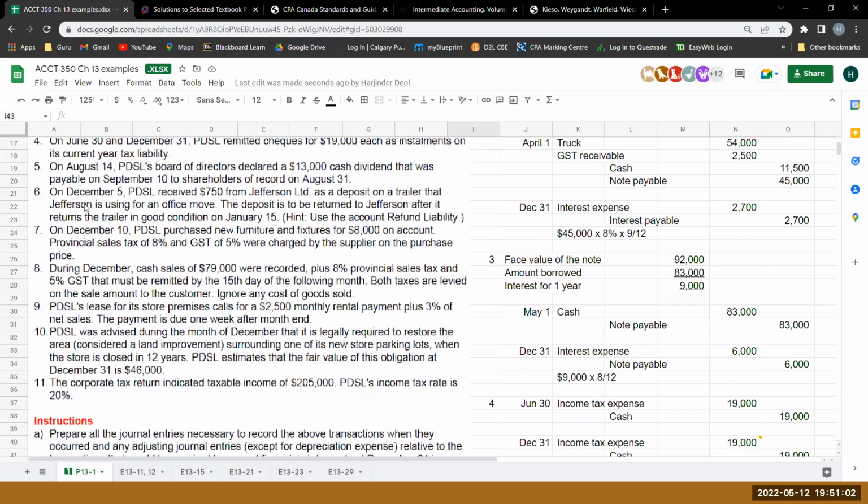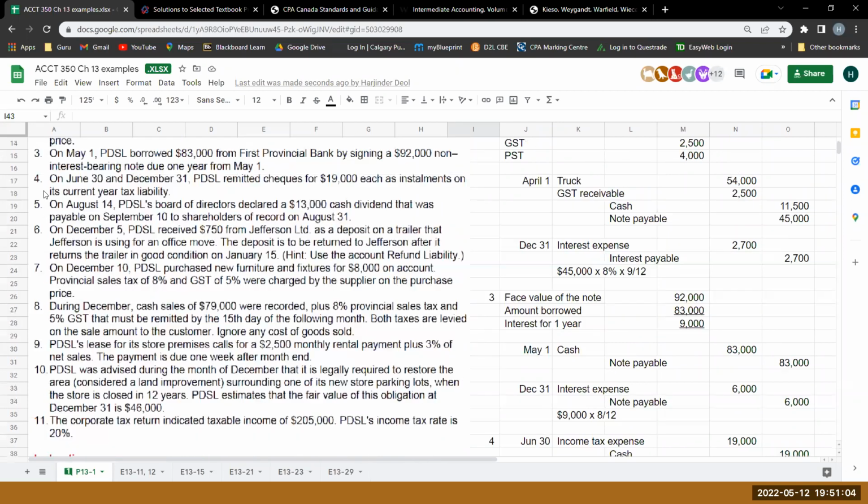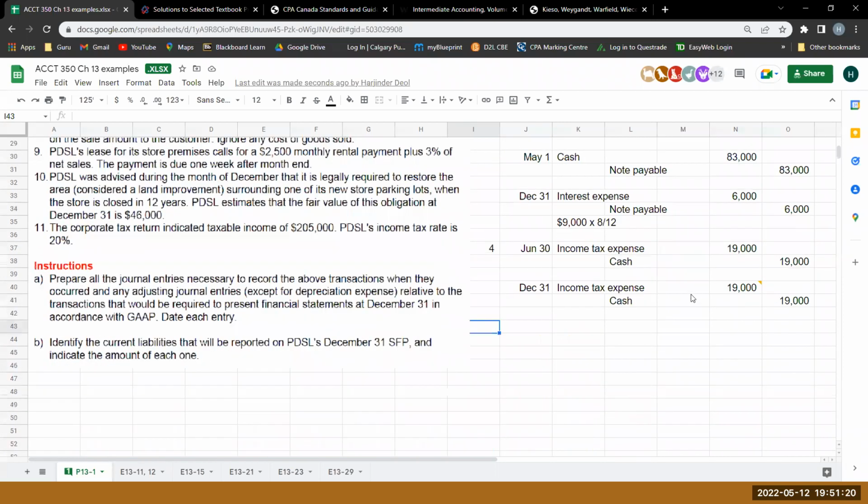Number 6, on August 14th, PDSL's board of directors declared a $13,000 cash dividend that was payable on September 10th to shareholders of record on August 31st. So this one, of course, I would imagine you've learned how to record dividend entries.